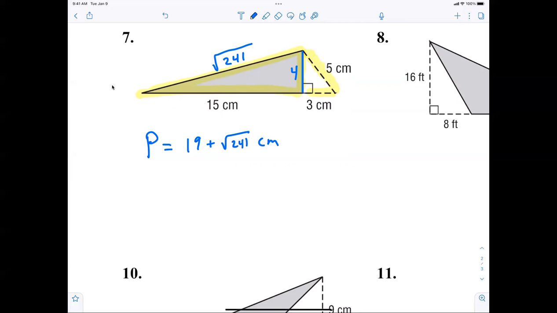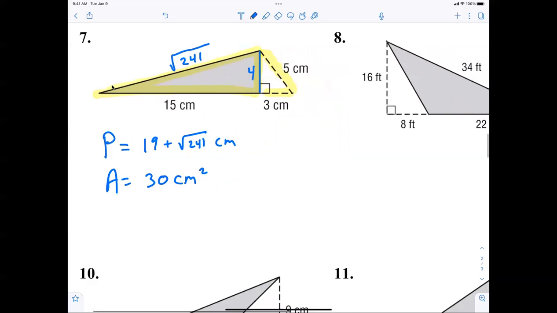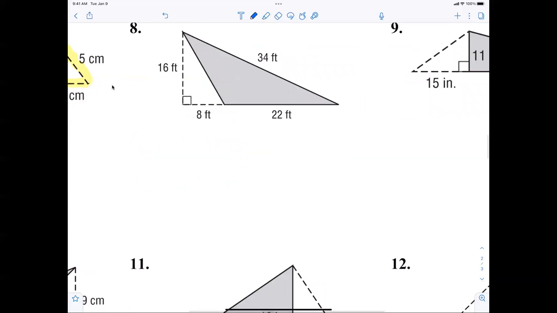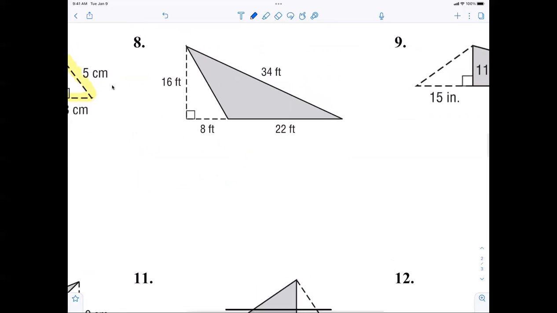And of course, everybody can just tell me the area is what? 30 centimeters squared. Everybody okay with that? 1/2 base times height. All right, here we go. So I need to figure out what this length is. 8 radical 5.